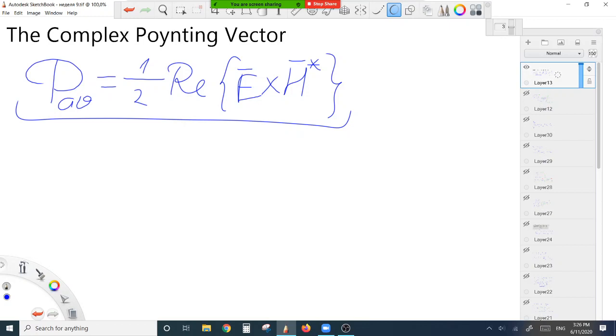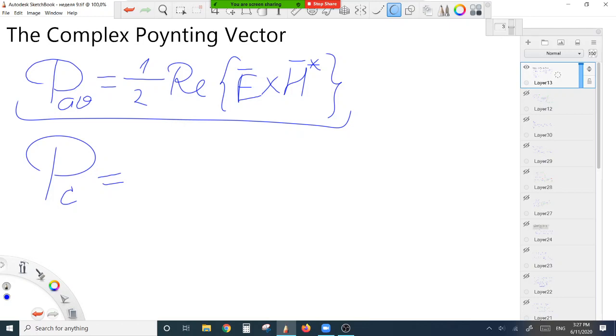And now we may define the complex Poynting vector as P_C, where the index C stands for complex.